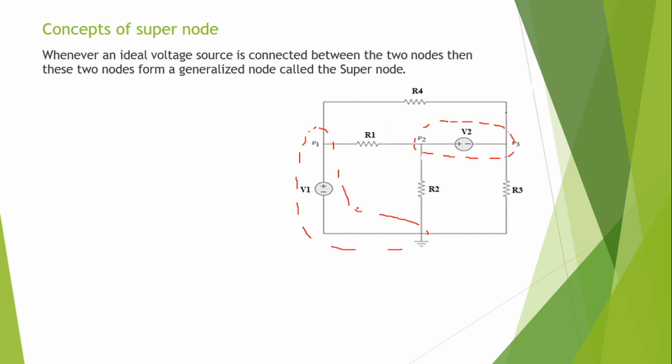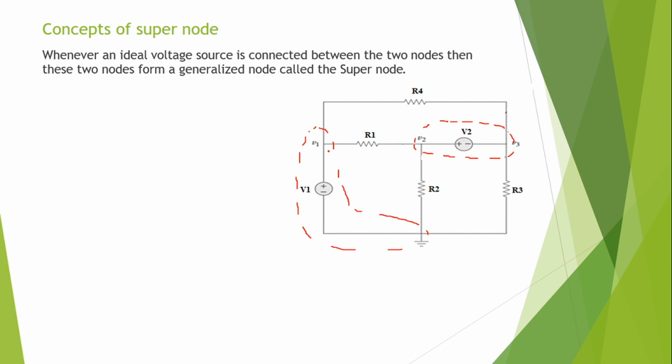How to apply KCL to each node? Now whenever a supernode exists, an ideal voltage source is connected between one of the nodes and a reference node, or it may be between two nodes.